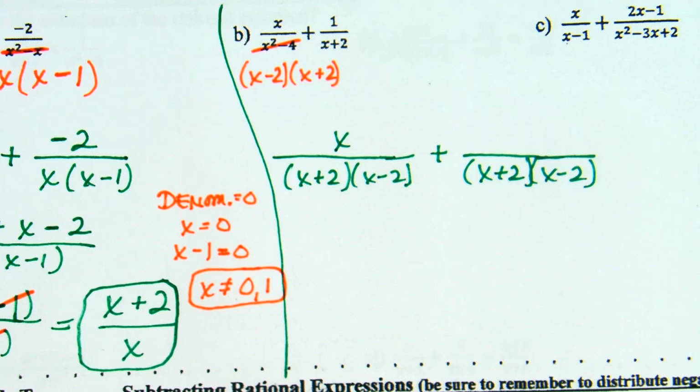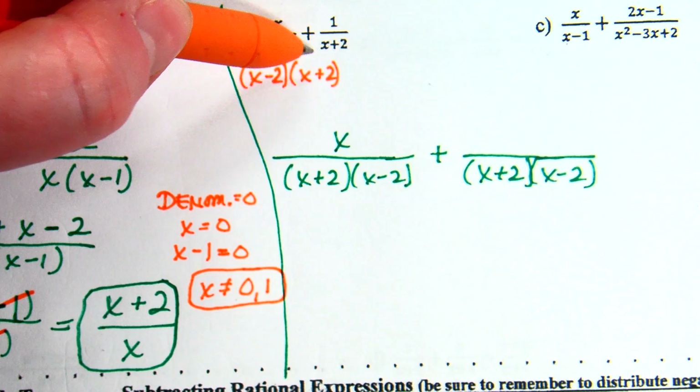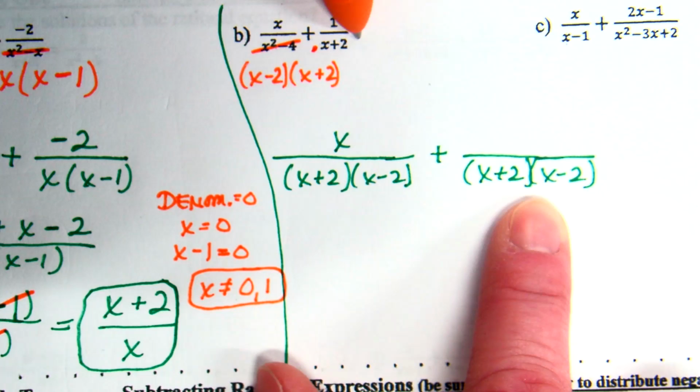What about the second fraction? Here, it was x plus 2. Down here, it's x plus 2, x minus 2. So I need to multiply by x minus 2. What I do to the denominator, we do to the numerator.